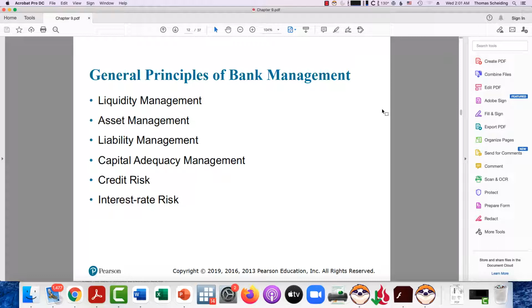Second, we've got asset management. This means, is the bank acquiring assets, meaning loans? Is it making loans in a way that the risk level is acceptable and that the risks it's taking on are well diversified? Again, this is going to be primarily in the kinds of loans it makes.